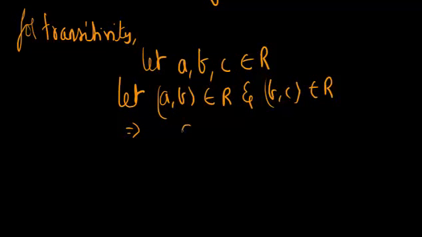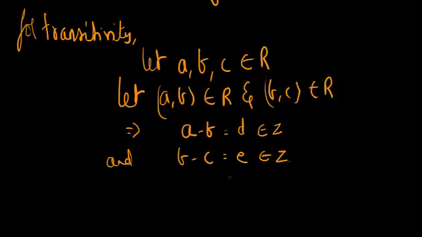If these two conditions are true, I simply mean that A minus B is an integer. Why don't we actually take that as some other element? That will be helpful for us, which is equal to D. Let's say D belongs to Z and B minus C, let's say that's equal to E, belongs to Z. Now what I'm going to do is add these two, the left hand sides.